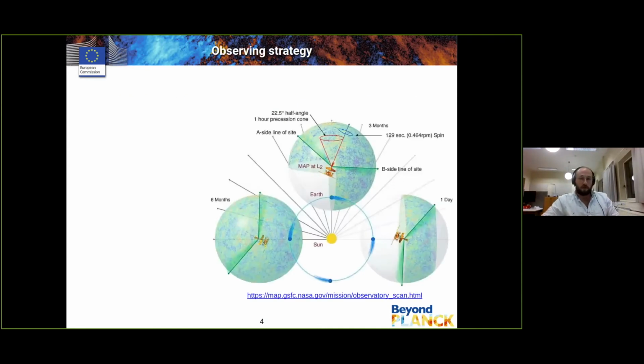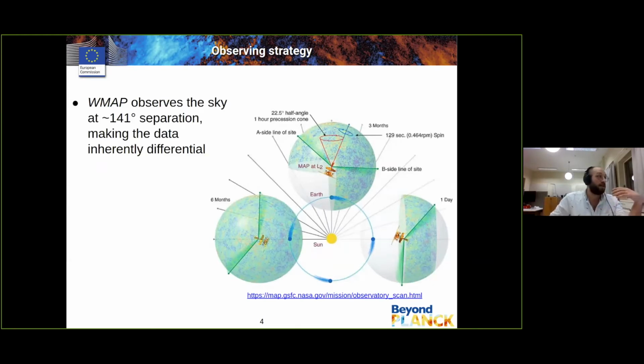One more thing, I think it's worth talking about the observing strategy for a moment. For one thing, the WMAP data is inherently differential. It has 2 horns that are pointing at approximately 141 degrees away from each other, and the detectors record the difference in intensity between the 2 directions.